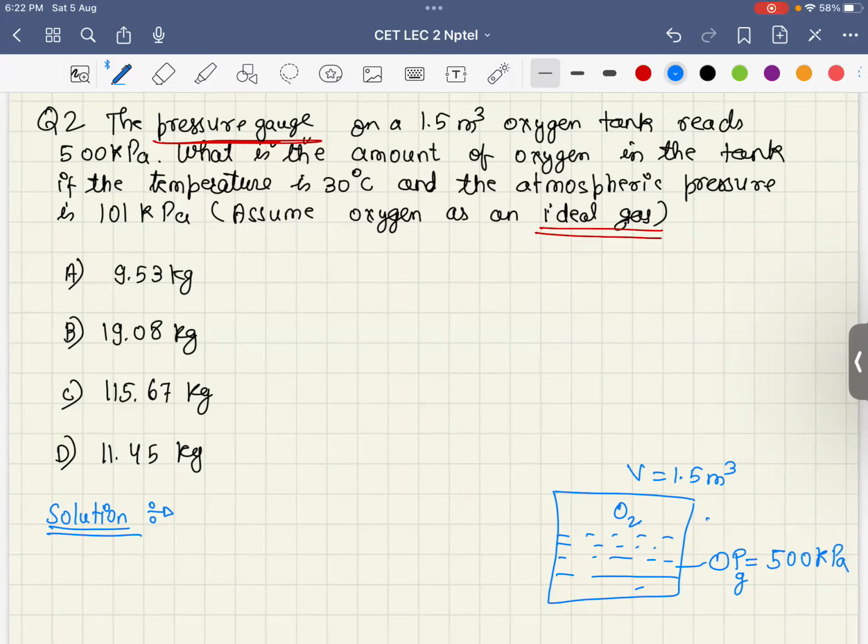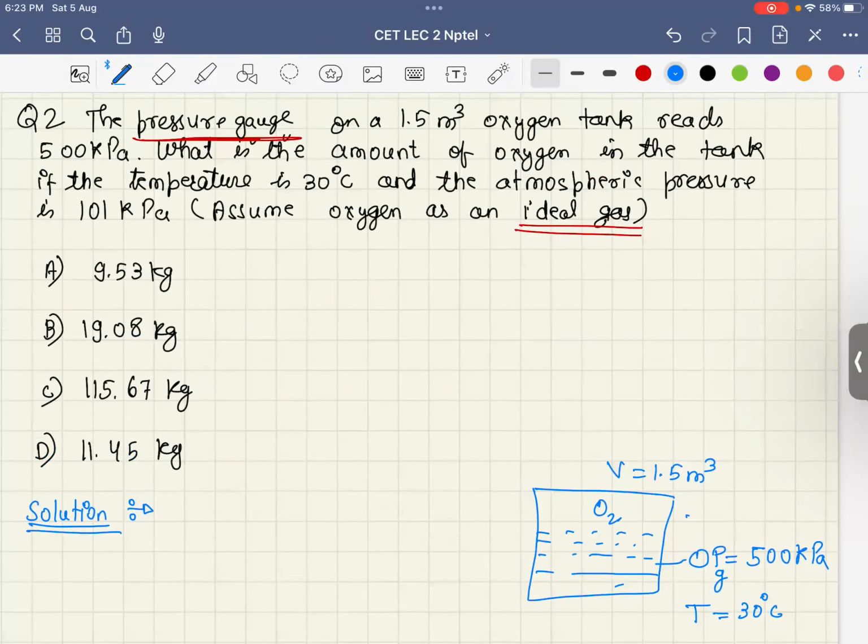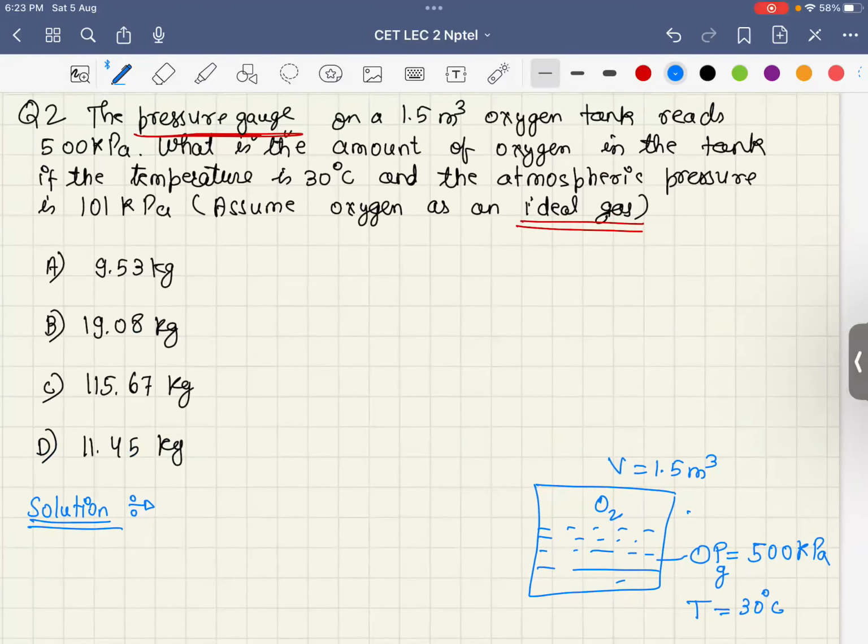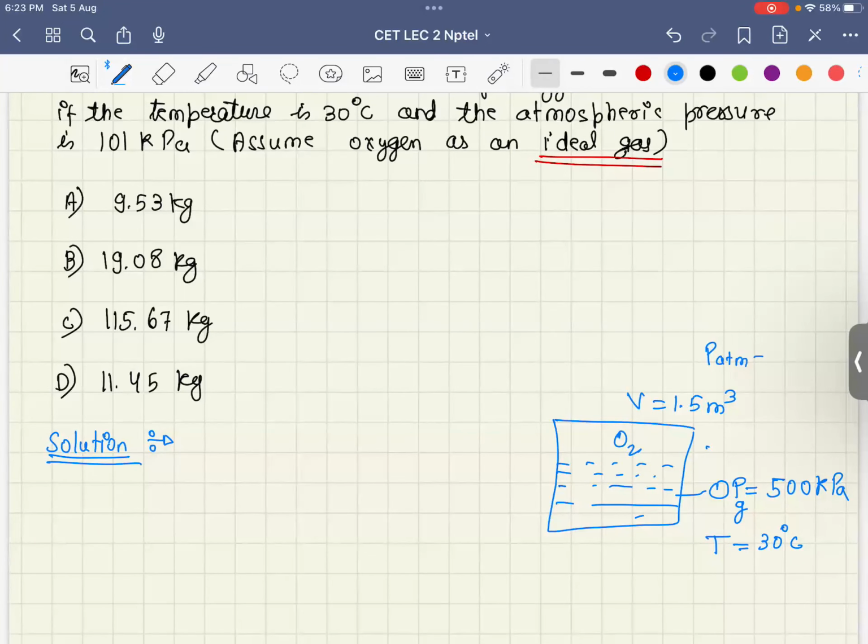Its temperature is also given as 30 degrees centigrade, and atmospheric pressure is also given, P atm is 101 kPa. We are asked to find the number of moles, or the amount of oxygen gas, present inside this tank. And we are asked to assume that we can treat that oxygen as an ideal gas.